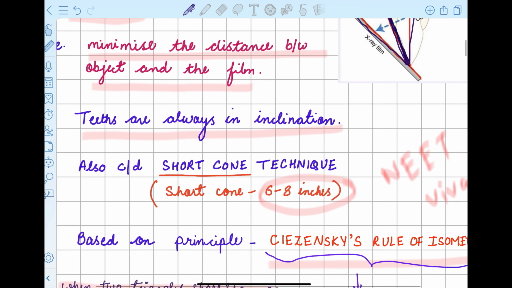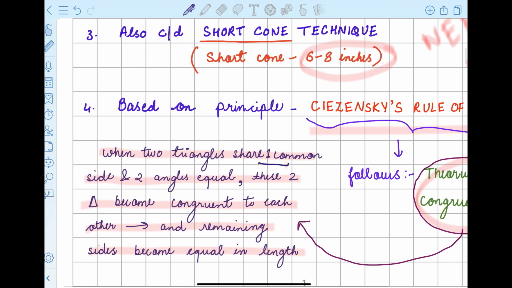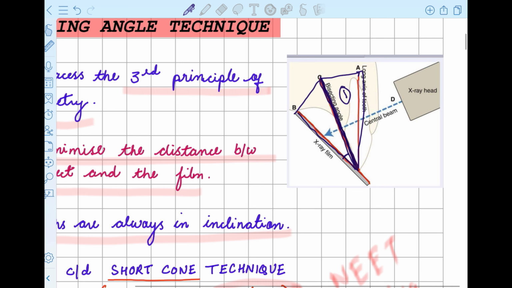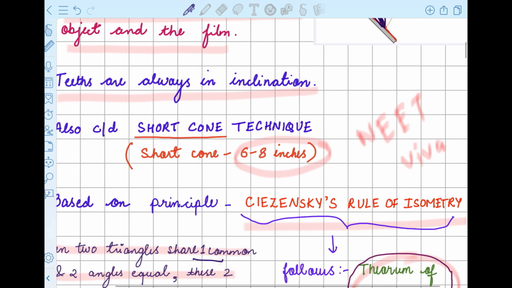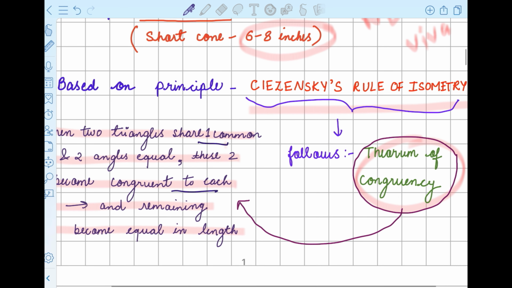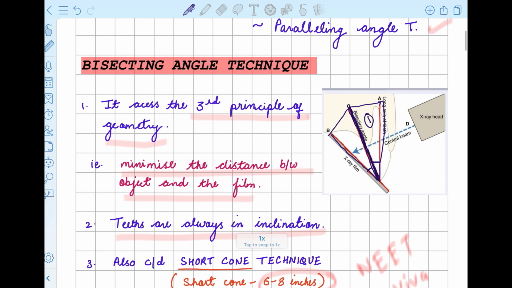This is the common side, and two angles are equal. This angle and this angle are equal. Then these two triangles become congruent to each other, and the remaining sides become equal in length. So this is the theorem of congruency.